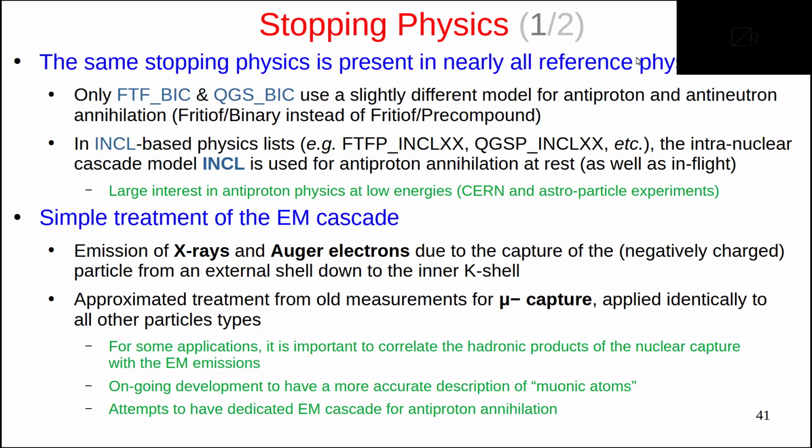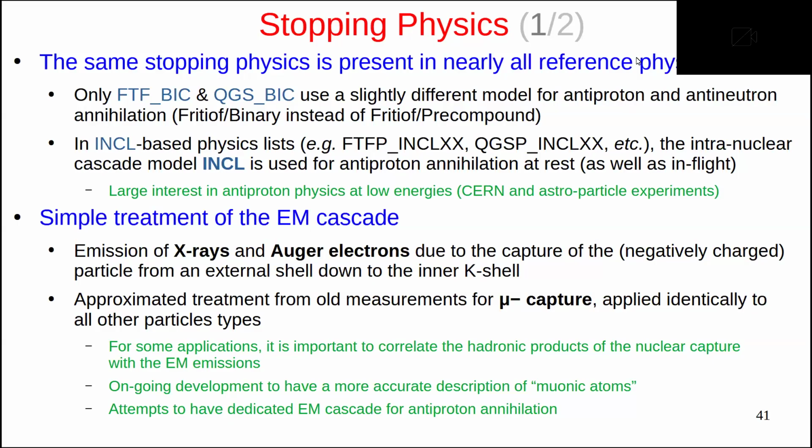Let's say we have different treatment of the stopping physics, but it is somewhat similar for most reference physics lists. And most of them are based essentially on FTF and Bertini. The exception where the treatment is slightly different is for the FTF BIC and QGS BIC physics lists.